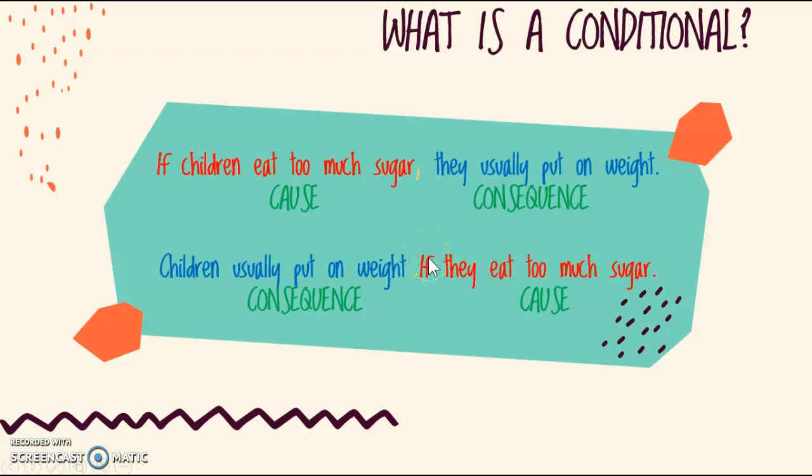So the comma goes away, we don't need it. That's the way you can use conditionals, by starting with the cause and then saying the consequence, or by saying the consequence first and then the cause, but it has some grammar implications that you cannot forget. Those are just little tips for quizzes or for real life.